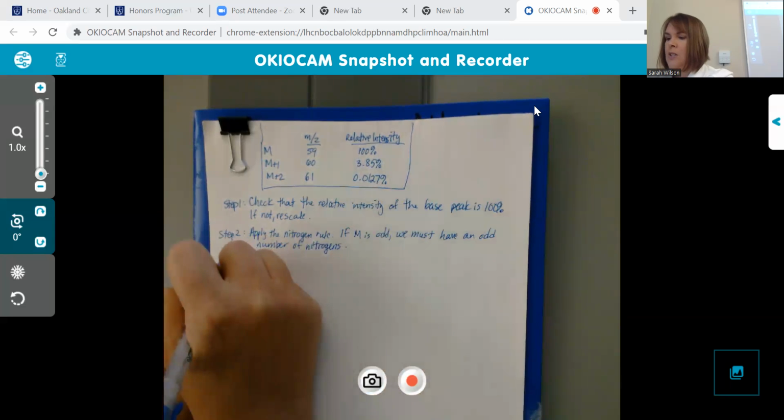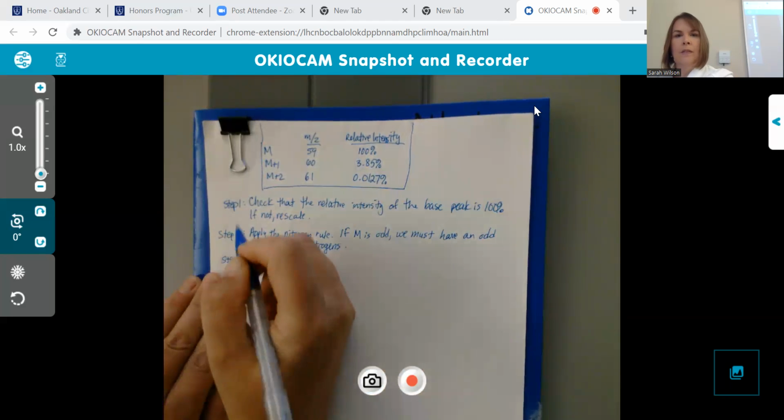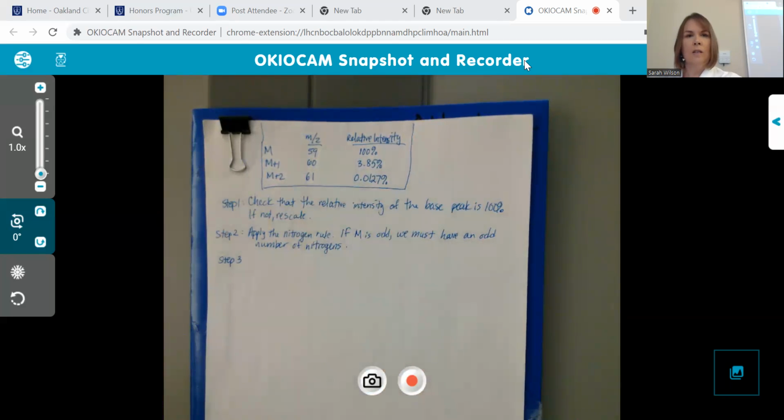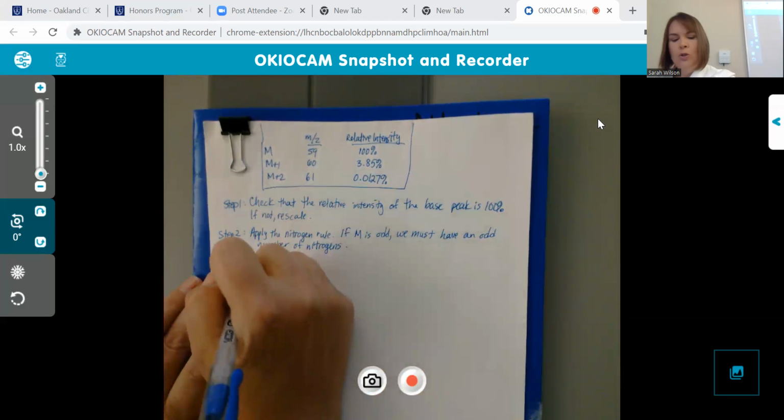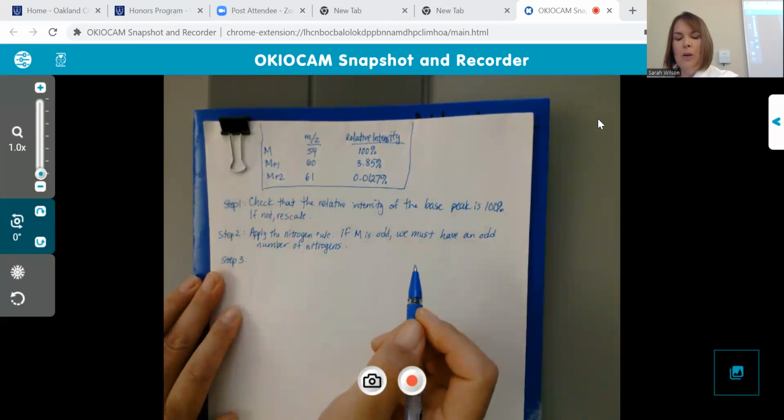Step 3 is to use the relative intensity of the M plus 1 peak to find the number of carbon atoms.